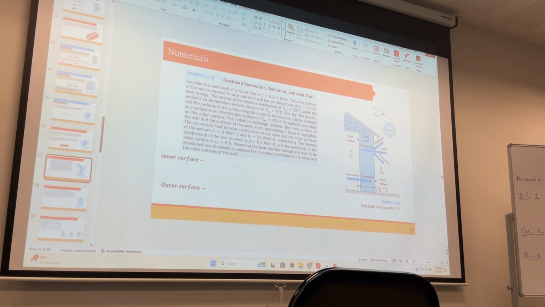Can you take a guess? There are two boundary conditions. Tell me from here to here, which boundary condition? And then from here to outside, which boundary condition?